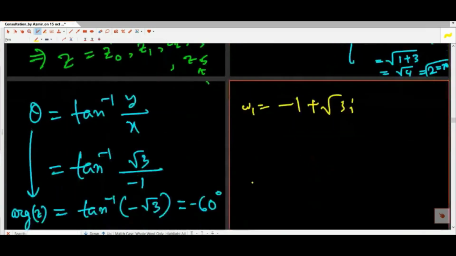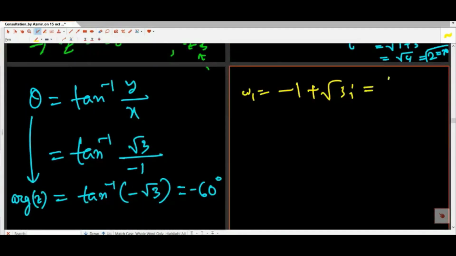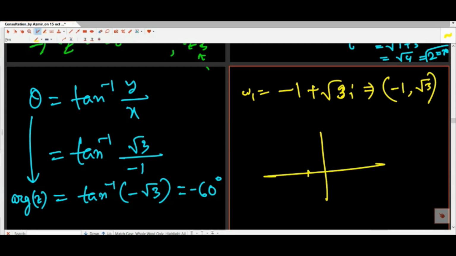So let us locate the point. Any complex number is a point, so it is negative 1, root over 3. Negative 1, and root over 3 is 1.73 something, so it will be like here.